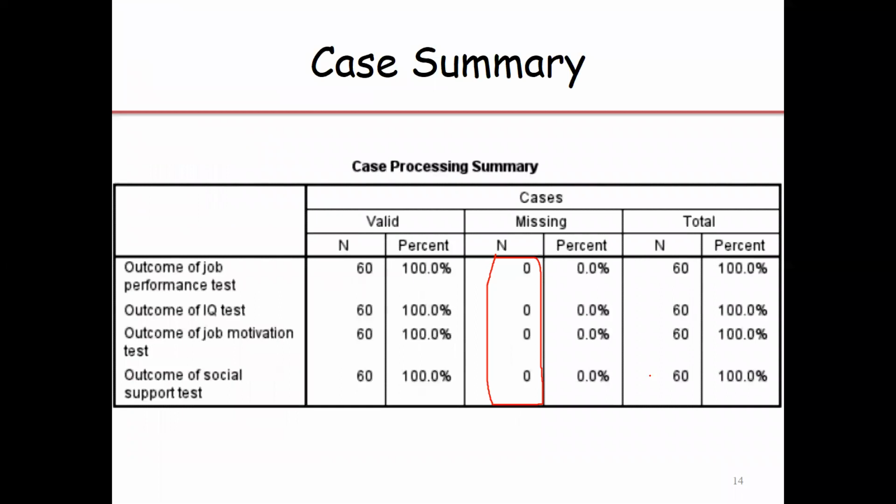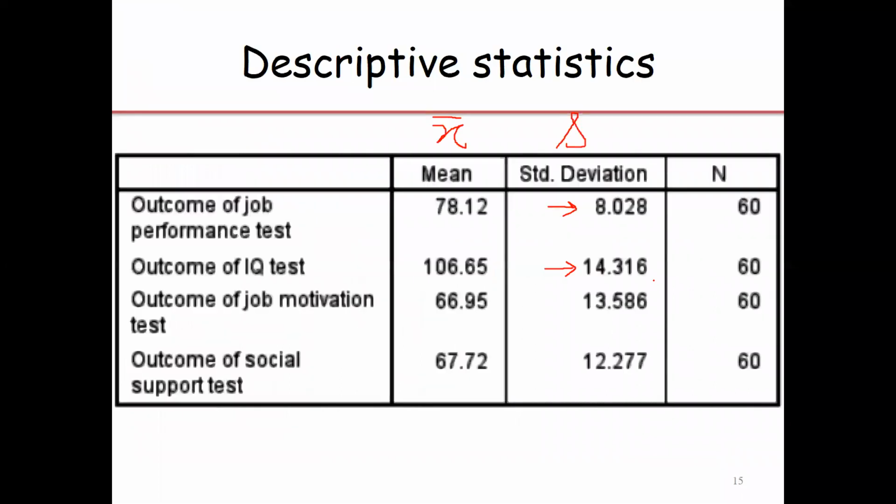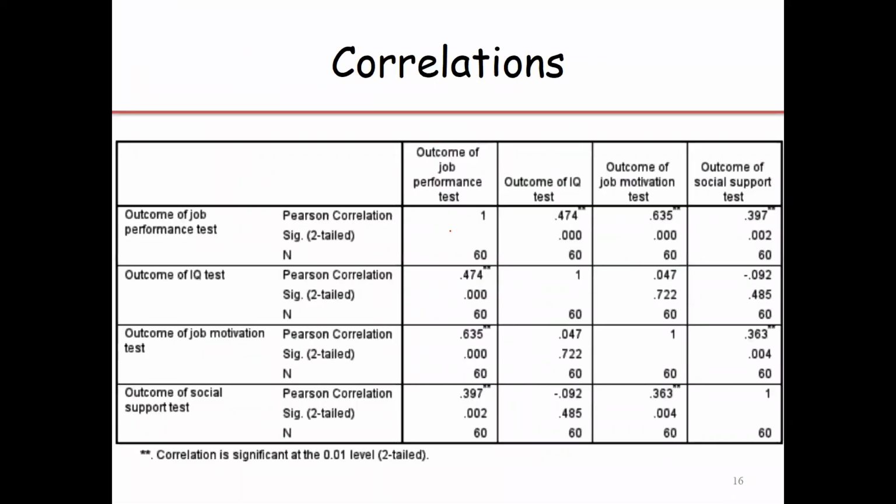In this correlation table, you can see the Pearson correlation. The value of the Pearson correlation, 0.4, is the correlation between the outcome of job and the IQ test. IQ test and the performance test, these 2 have 0.47, which is positive.